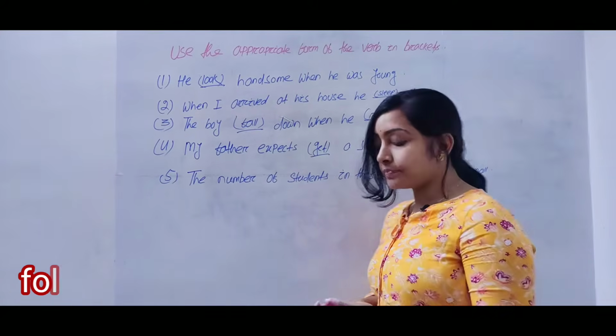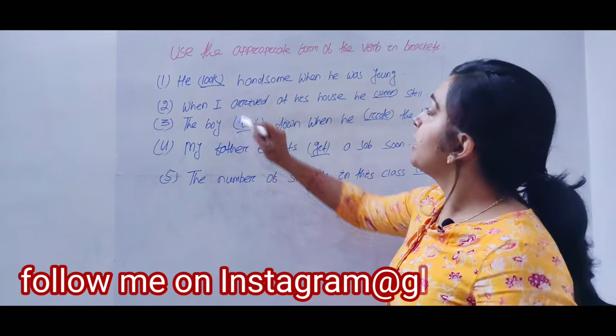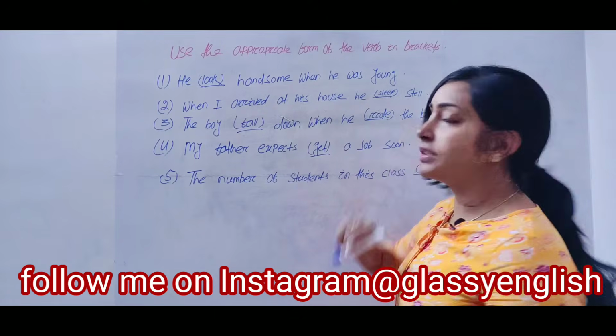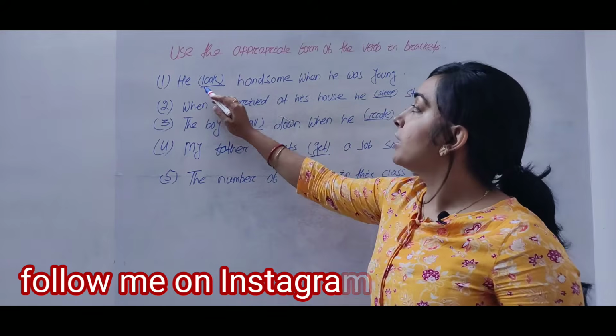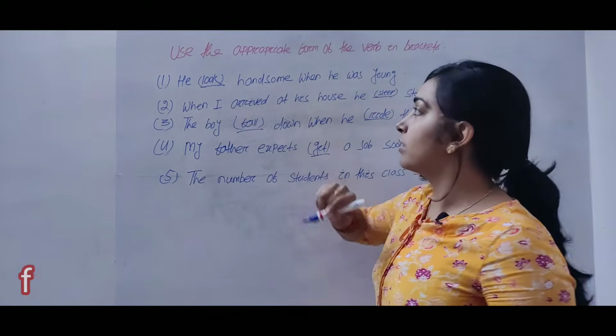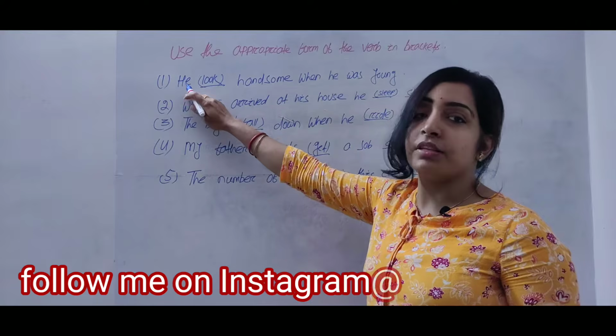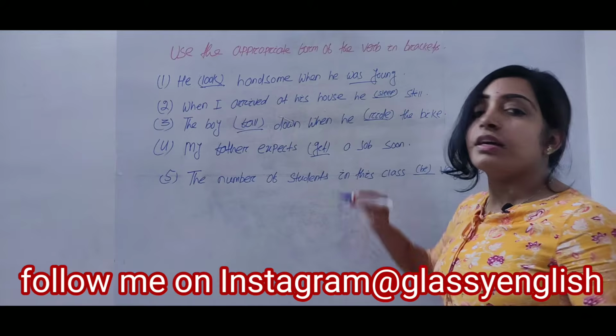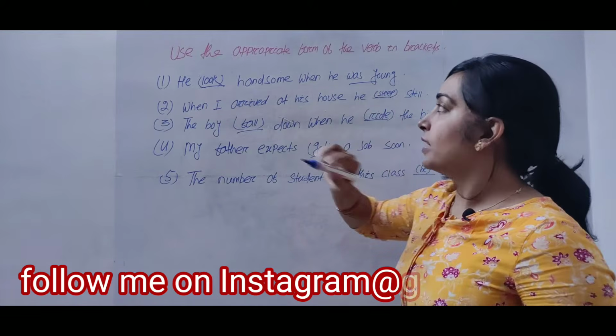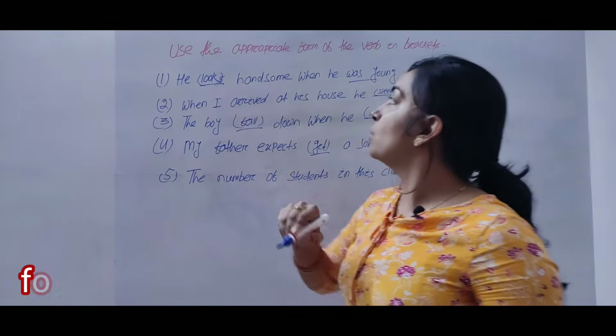So let's start. First, he looked handsome when he was young. And remember the verb, what is the condition? First thing, here it is third person. And another thing, here it is past tense. If it is not past tense, it must be he looks handsome.